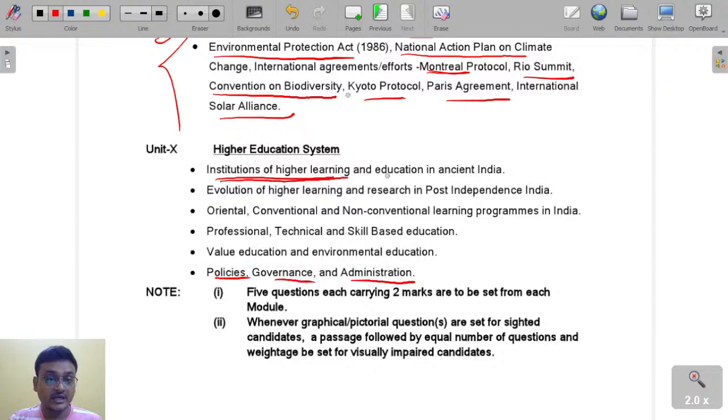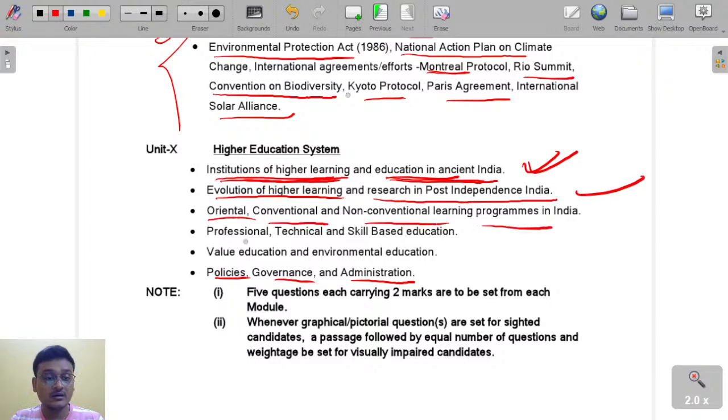Institutions of higher learning and education in ancient India, evolution of higher learning and research in post-independence India, oriental, conventional and non-conventional learning programs in India, professional, technical and skill-based education, value education, environmental education, policies and governance.